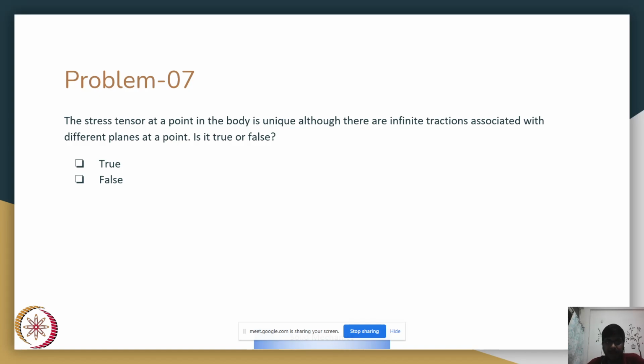So the stress tensor at a point in the body is unique, although there are infinite tractions associated with different planes at a point. So is this true or false? True. Correct. I think this diagram is in the video lectures. You have a force P, you're looking at the location X, and you can calculate the traction at this plane, and that traction would be something like T by E1.